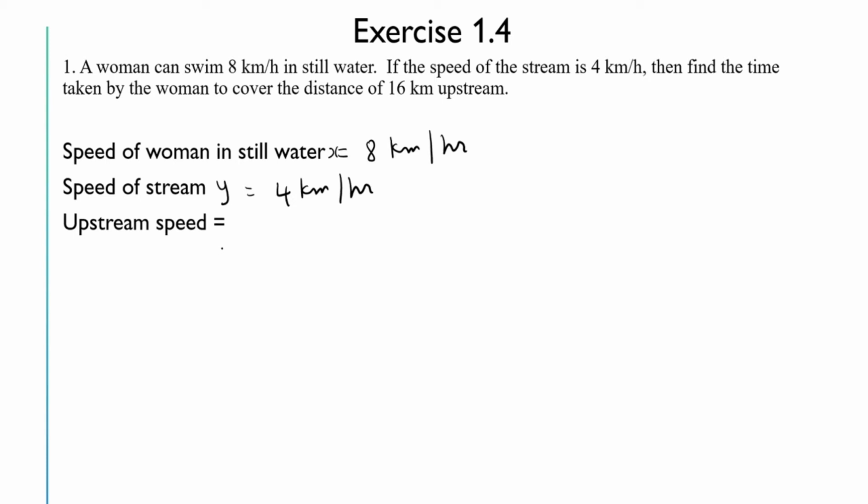Now upstream speed. The upstream speed we denote it as v. v is equal to x minus y, that is equal to 8 minus 4, which is 4 km per hour. Now the distance they have given as 16 kilometers. So we are asked to find the time.